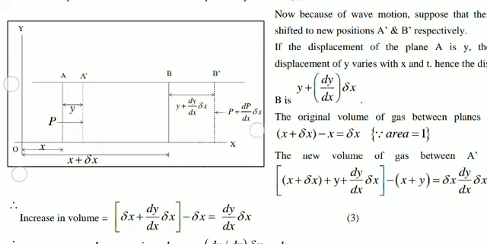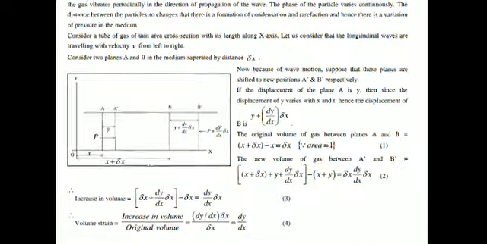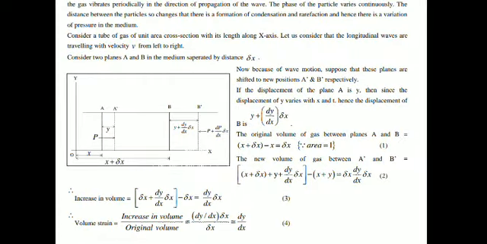Why dP by dx? dP by dx is the rate of change of pressure with respect to small distance x. And the distance we are moving is delta x, and therefore the resultant pressure at B dash will be P plus dP by dx into delta x.